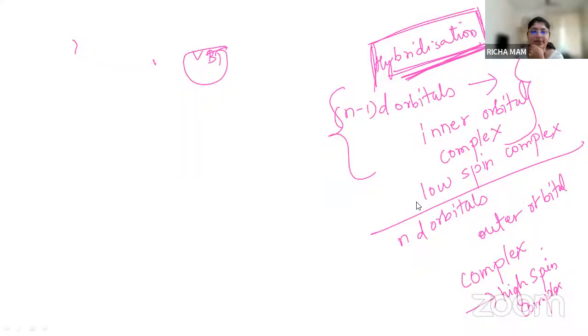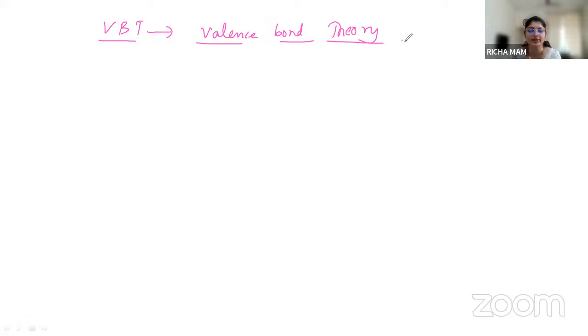VBT is valence bond theory. In valence bond theory we are explaining the metal and ligand bond.